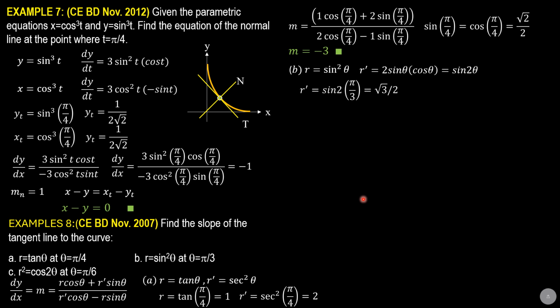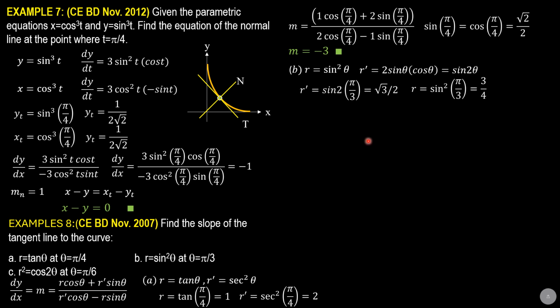On the other hand, r is sine of theta, sine of pi over 3, quantity squared. Sine of pi over 3 is sine of 60, and it's square root of 3 over 2, quantity squared, so that's 3/4. So we then substitute into the formula here.